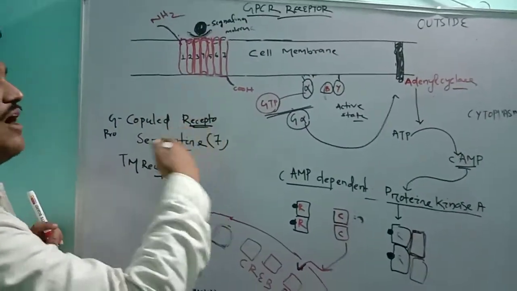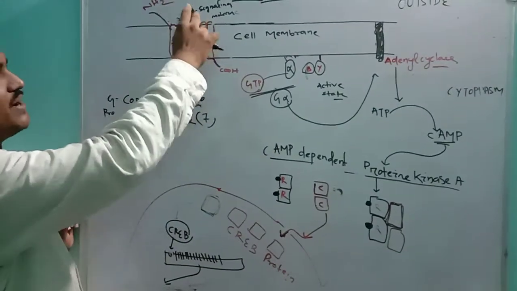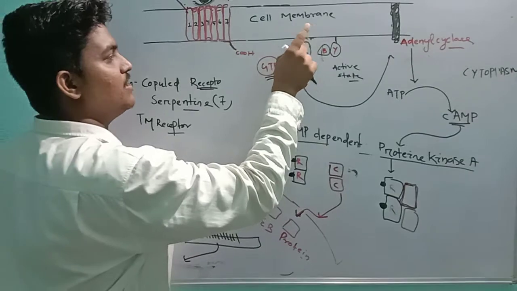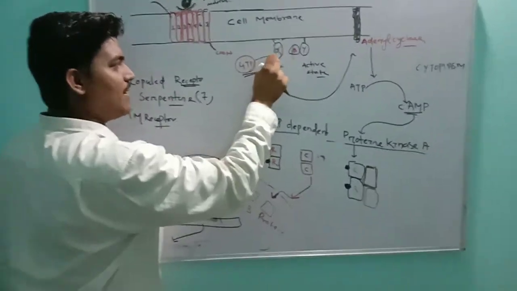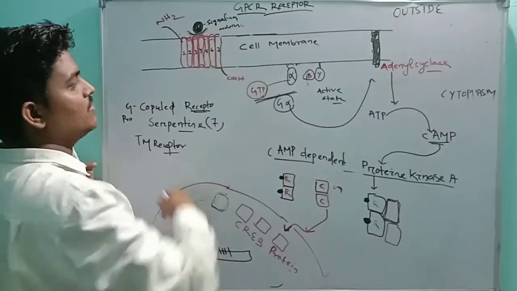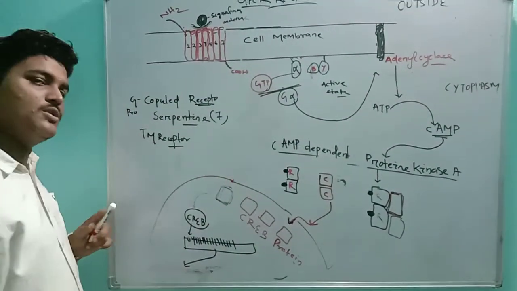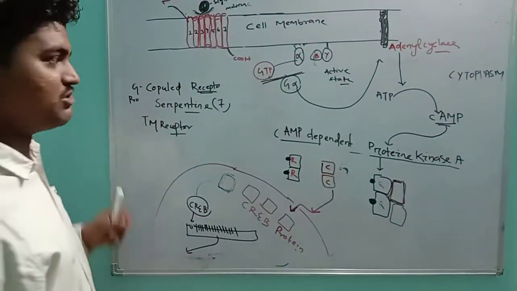How long does this signaling molecule effect occur? This process occurs as long as GTP is bound to the alpha subunit, but it does not occur for a long time, only for a very short duration.